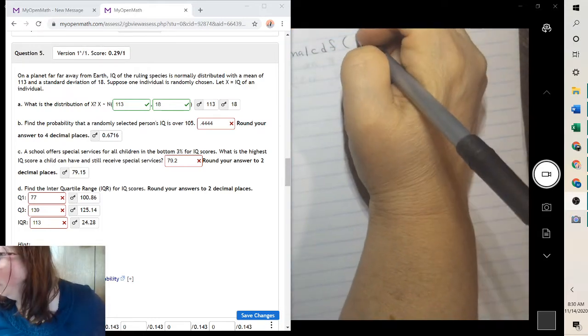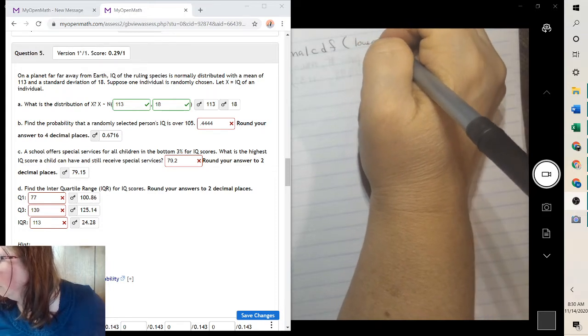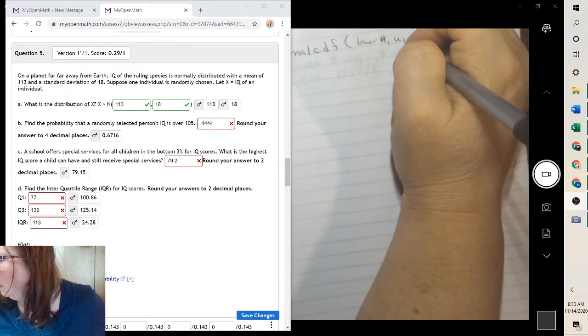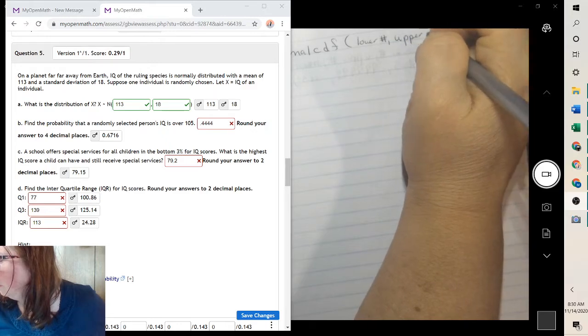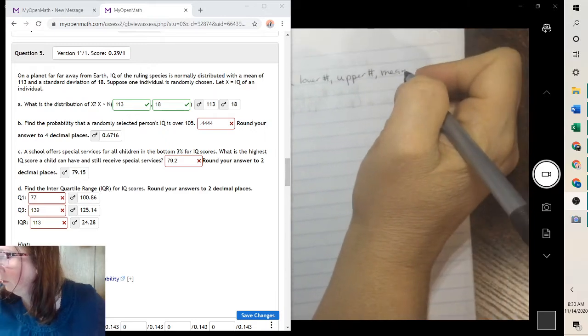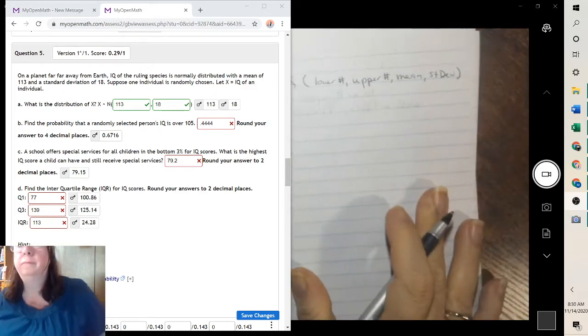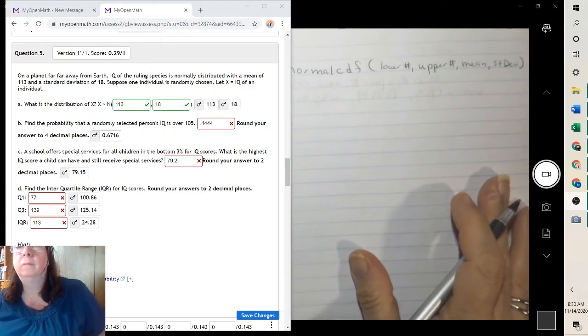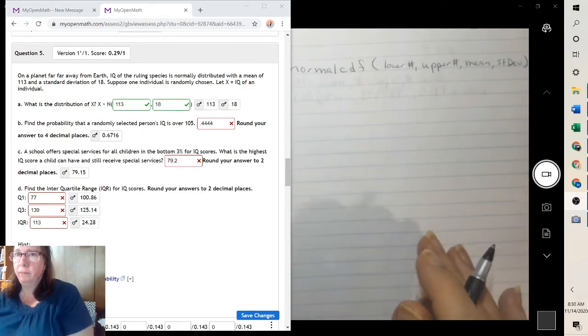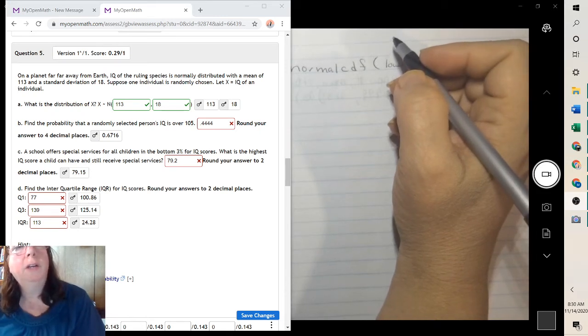And then you put your lower number, upper number, mean, and standard deviation. Now we wanted the first one, 105 and over.